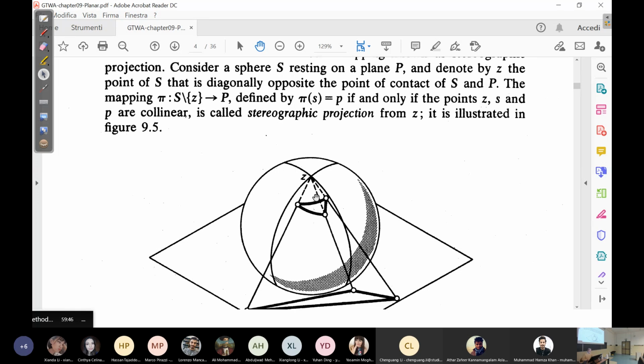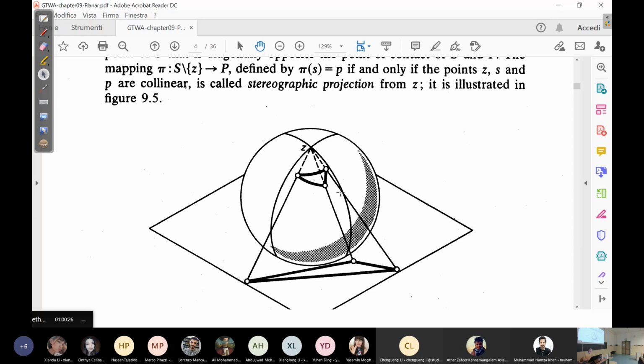And this gives us a bijection, which is not just a bijection, but a bicontinuous bijection, meaning that if I send this point of the sphere to this point of the plane, this is a continuous map. And if I go the other way around, coming from a point of the plane through the half line connecting it to the North Pole and cut the sphere in a point, this also, which is the inverse function, is continuous. So it is a bicontinuous map. From what to what?